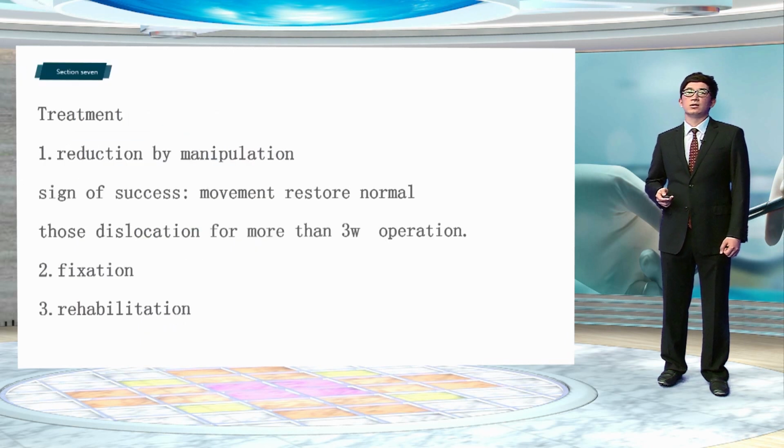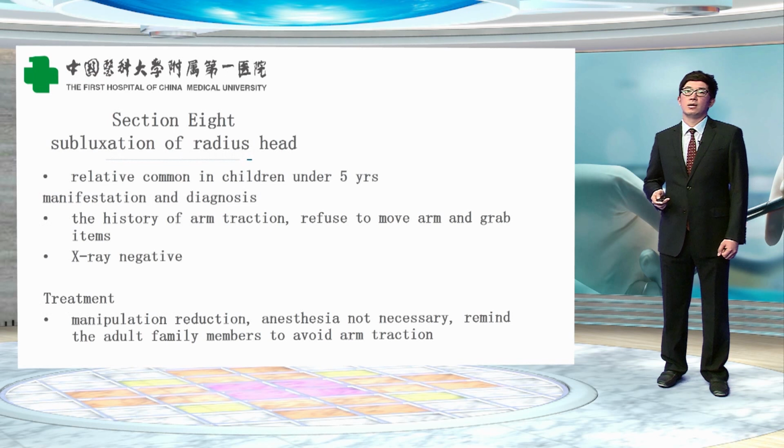For treatment, we can do reduction by manipulation. The sign of success is that movement is restored to normal. For dislocations of more than 3 weeks, we can do an operation. The second step is fixation, and the third is rehabilitation.